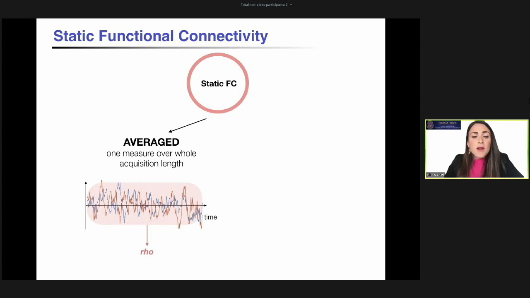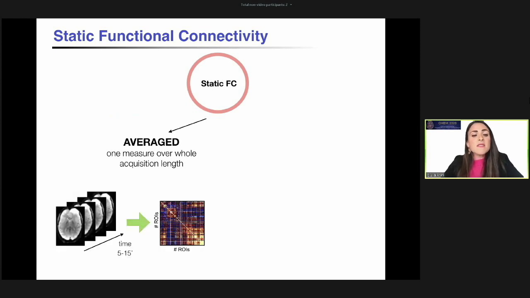Related to the fMRI resting state, it means that the whole acquisition length, which is normally between 5 and 15 minutes, in which a brain volume is acquired every 1 to 3 seconds, would yield just one correlation matrix. So of course, you wouldn't be able to see anything about temporal variations of this functional connectivity, but you would have a picture which reflects a kind of an average behavior of what happens inside the acquisition.